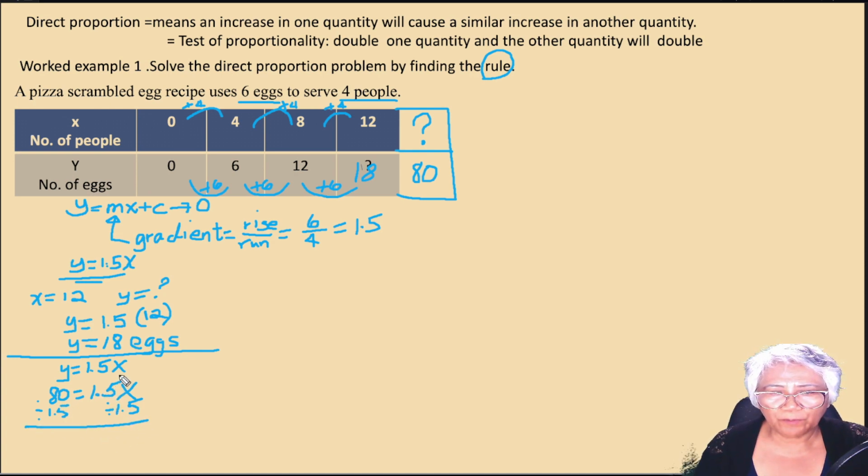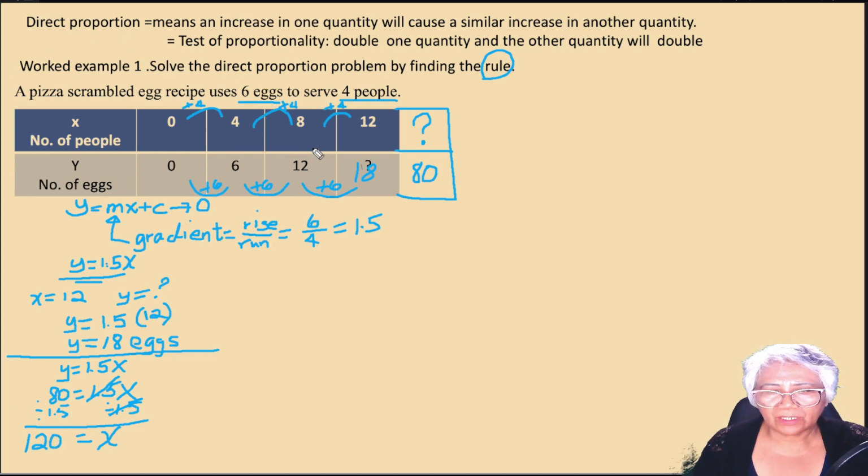Right, so 1.5 will cancel out with 1.5. That would be equal to 1x or just x. And 80 divided by 1.5 is going to be 120.